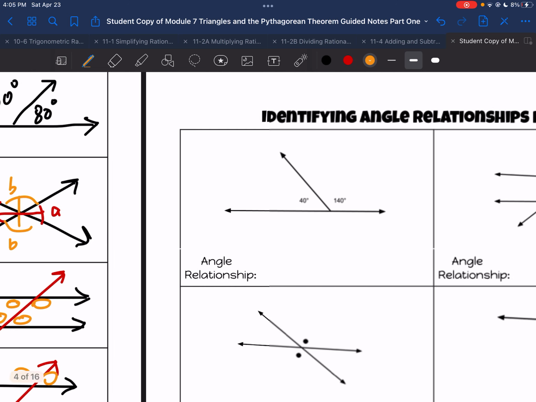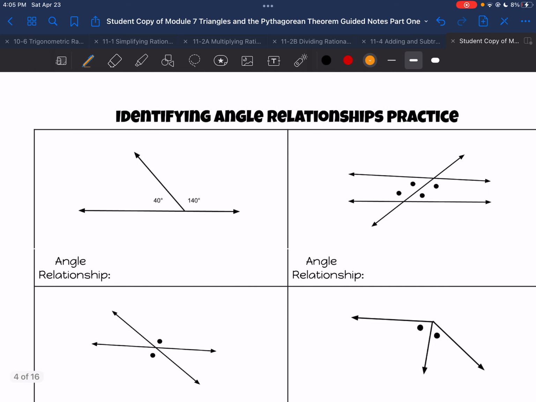Now, we're going to go on to do some examples of identification. So our first example here, we have two angles that are sharing a common side. They are adjacent to one another. We want to be the most specific possible, and we see that one is 140 and one is 40, and those two are going to add up to 180. So we have that they are adjacent and they add up to 180.